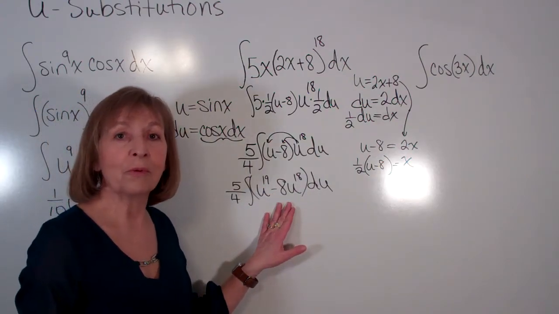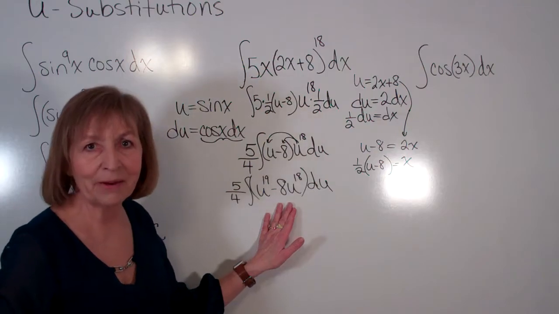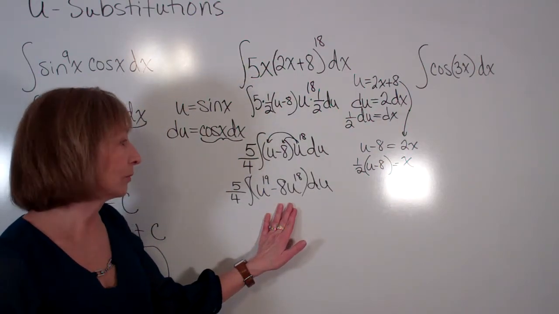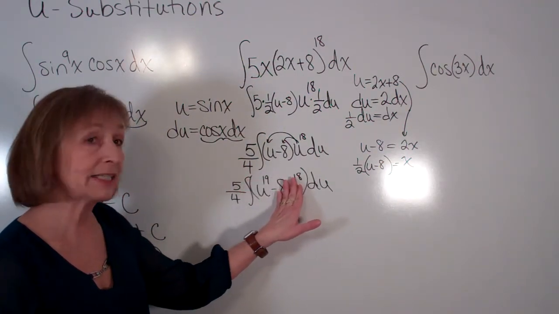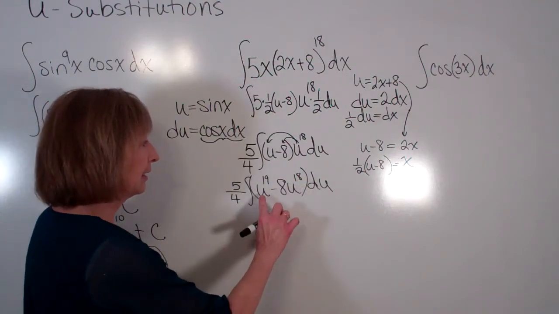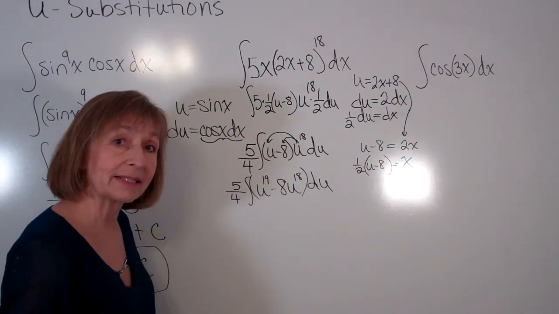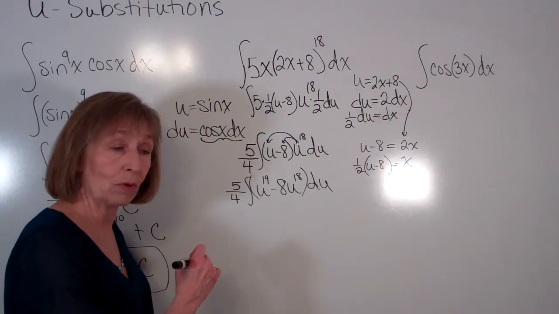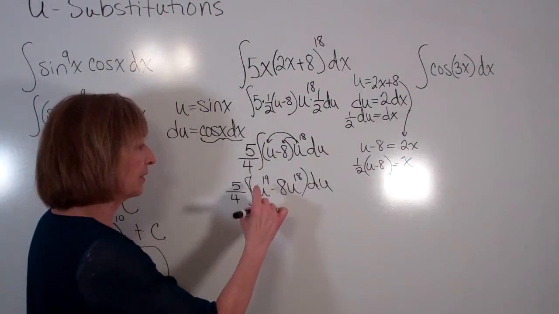This gets me to the point where now I can apply my indefinite integral rules. Remember, with plus or minus, we integrate term by term. For a letter base to a number power, as long as the number power is not -1, we add 1 to the exponent and divide by that.